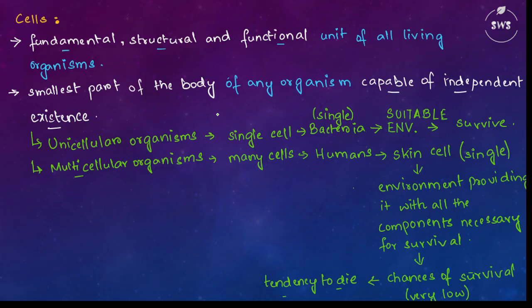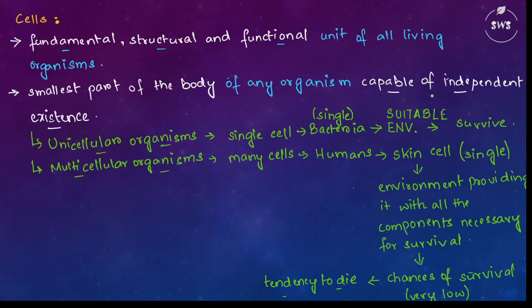Understood? So the statement we have learned, that cells are the smallest part of the body of any organism which is capable of independent existence, the term independent existence is true for unicellular organisms, but it is not 100% true for multicellular organisms.